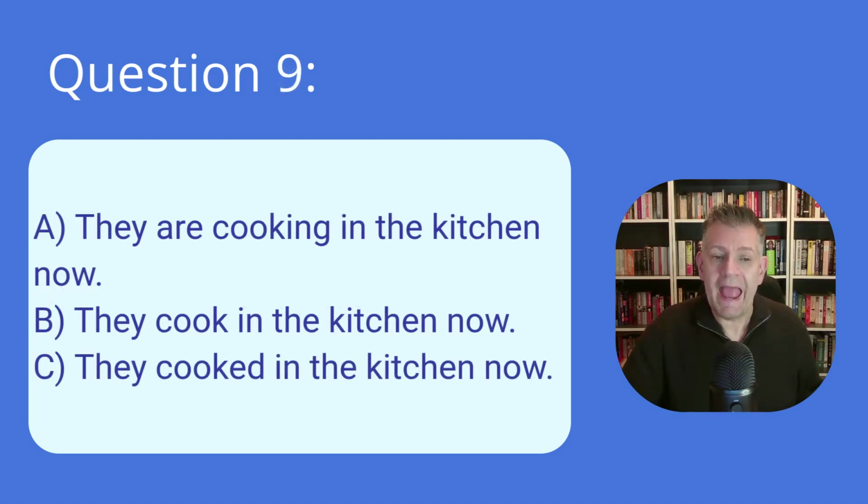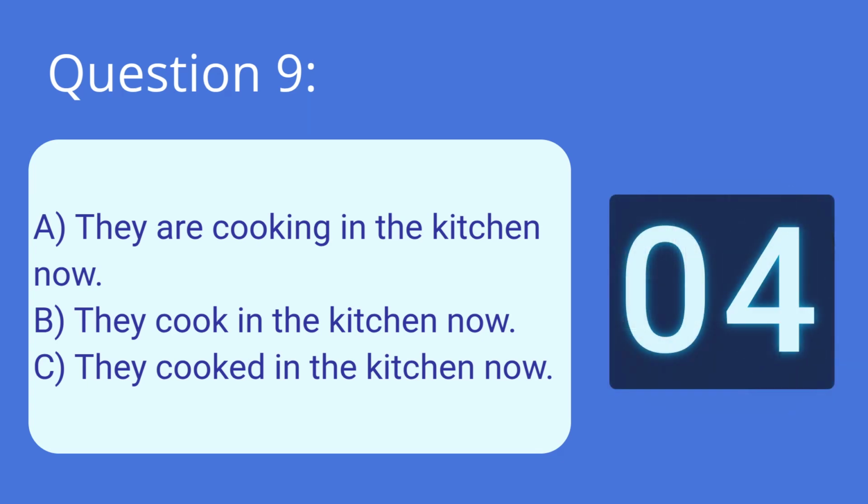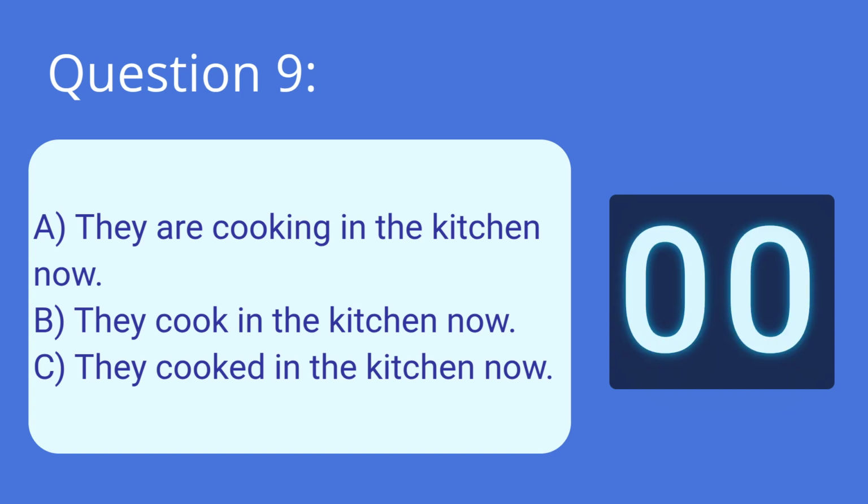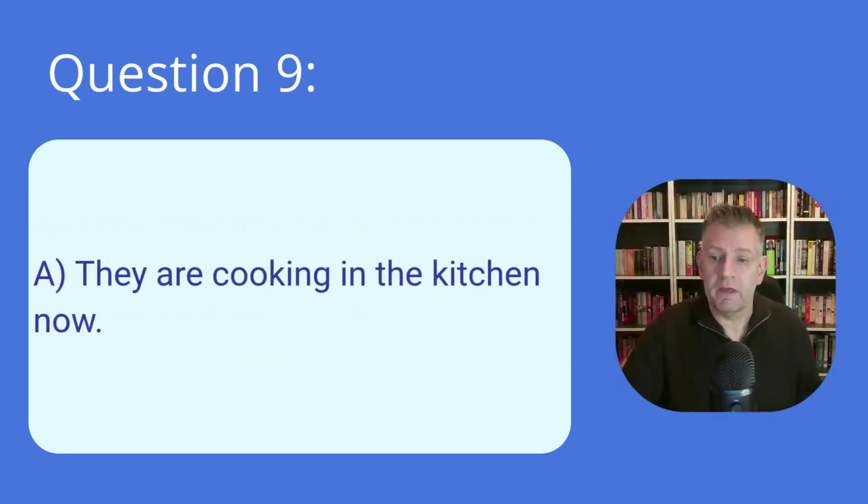Question 9. A, they are cooking in the kitchen now. B, they cook in the kitchen now. Or C, they cooked in the kitchen now. The answer is A, they are cooking in the kitchen now.